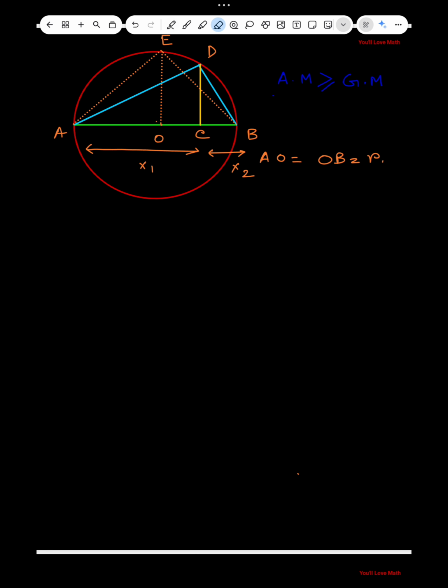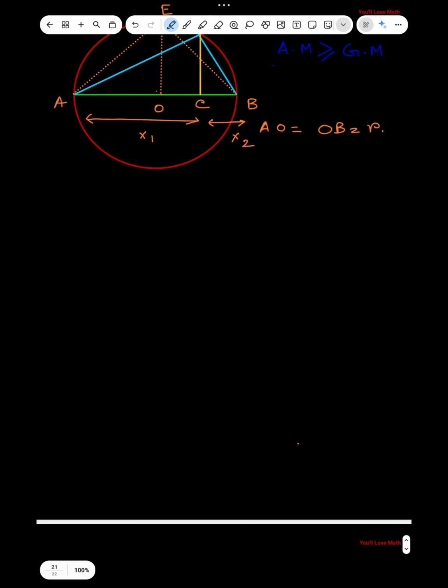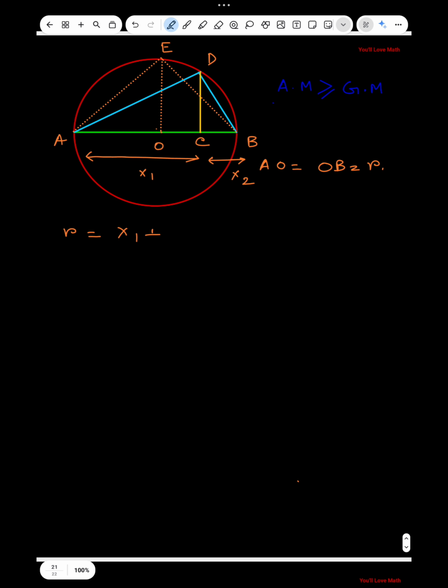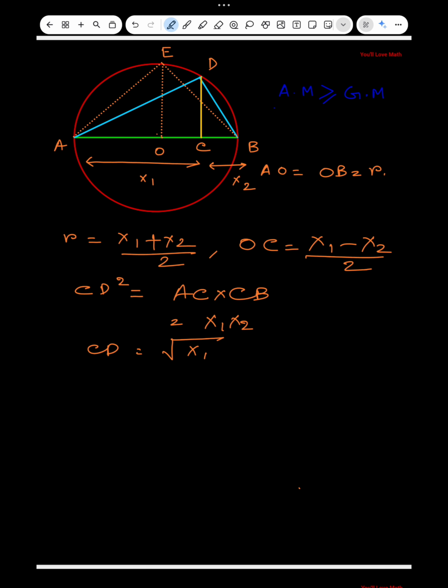We are getting that R is (x1 + x2)/2 and OC is (x1 - x2)/2. Again, what is CD? We know from the Pythagoras theorem, CD squared equals AC into CB, that means x1 into x2. That means CD is the square root of x1 x2.